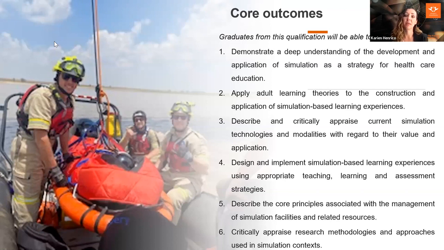And not only should we be able to apply these simulation theories, but we should also be able to critically appraise our own technologies and the use of these technologies and modalities that we use within our teaching. We should be able to design and implement simulation, and then also to describe the principles of managing a simulation facility. It's one thing being able to teach within the facility, but it's also very important to, like I said, have a holistic approach to simulation.